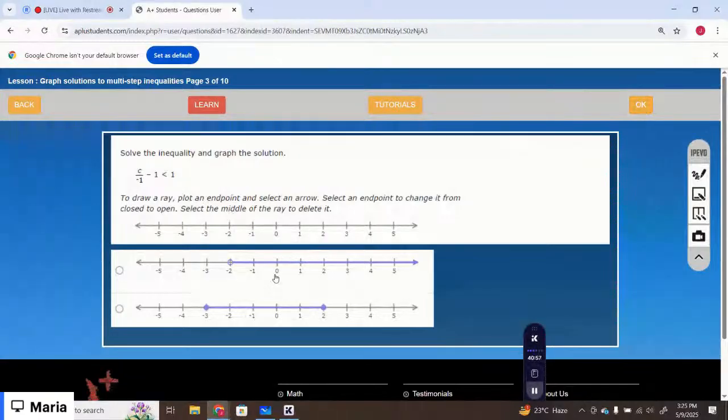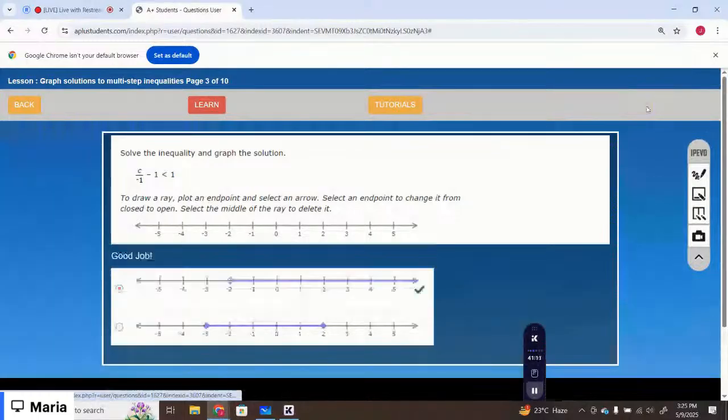C is less than negative 2. Greater than negative 2. Option number 1 is the correct option. So all the numbers that are greater than negative 2 are the solution of the inequality.